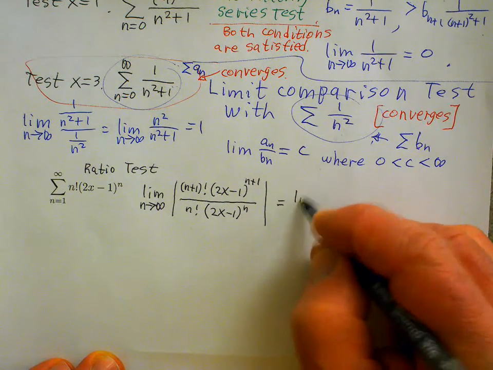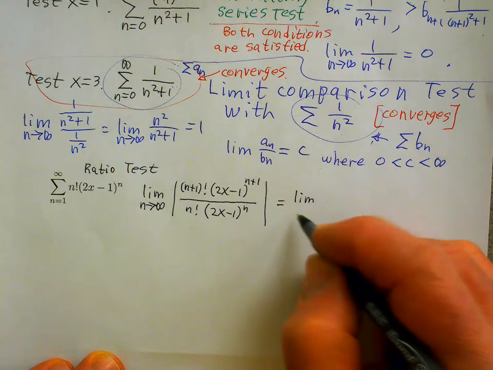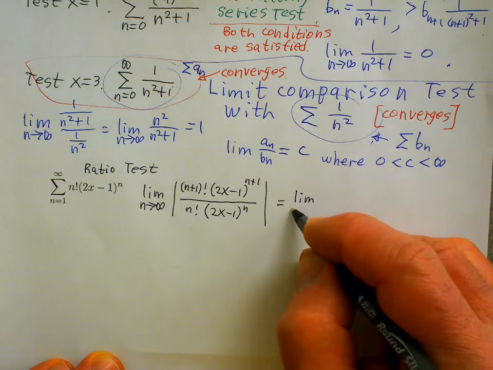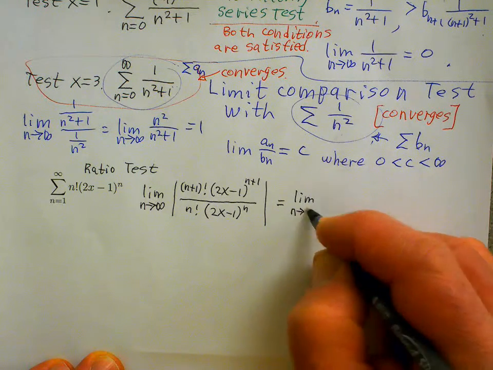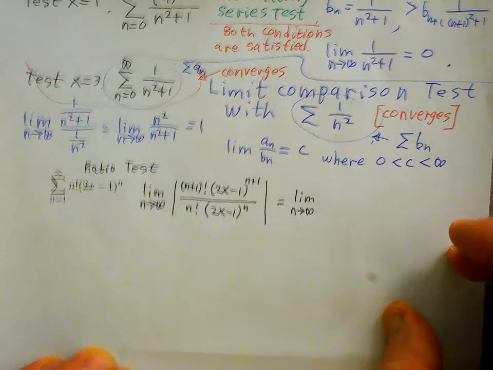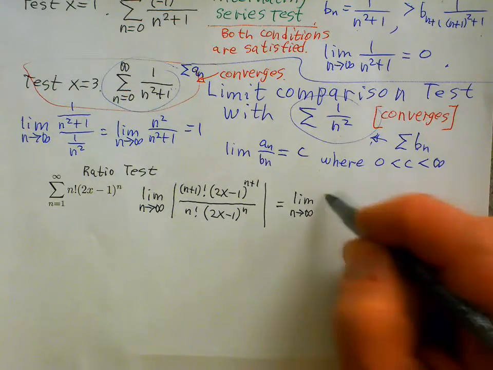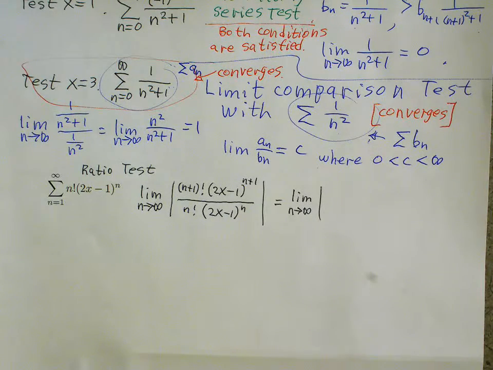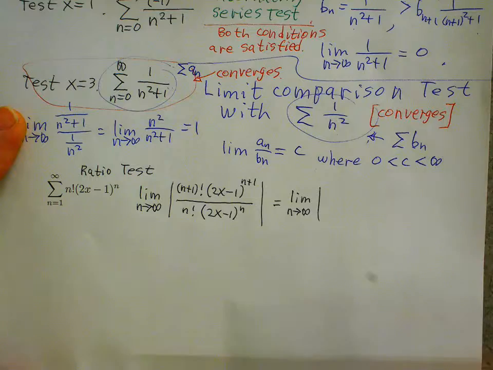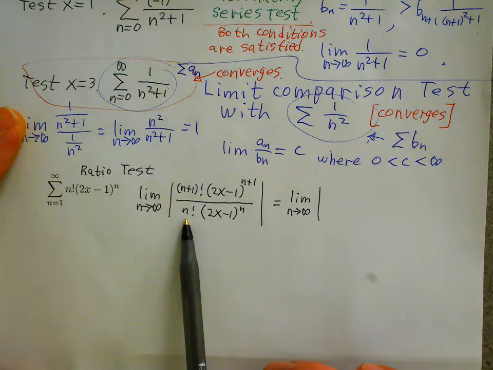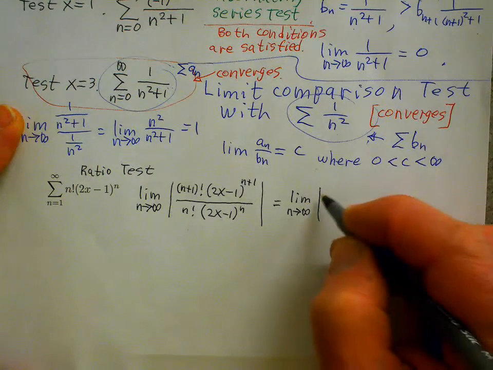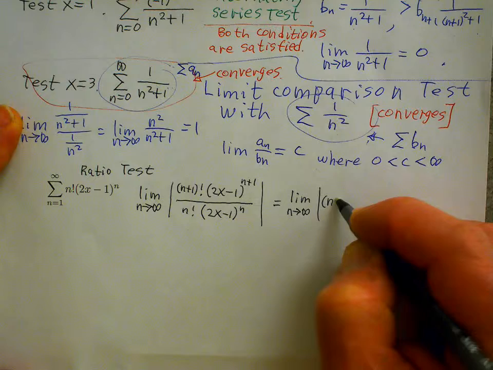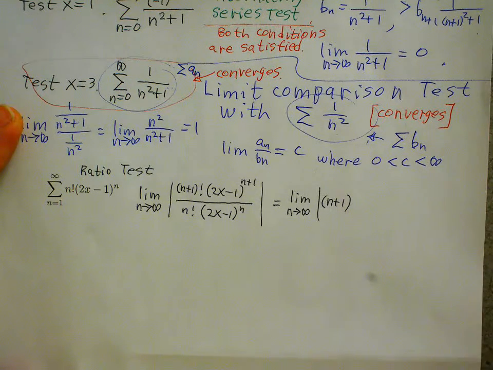Okay, so we simplify. Okay, so when we simplify n plus 1 factorial divided by n factorial, we just get n plus 1.